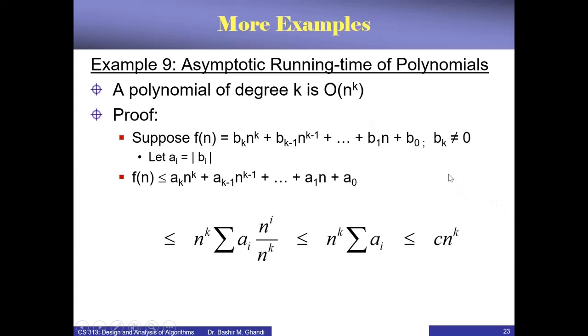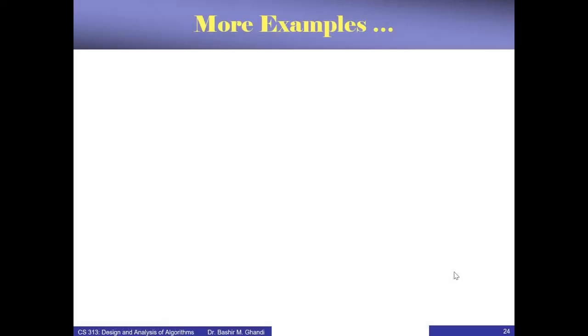We are just saying that any polynomial can be considered as being in the same class as just the term with the highest degree. You can clearly see that from this. The examples we saw earlier are just specific examples of this general one. So this is the point.